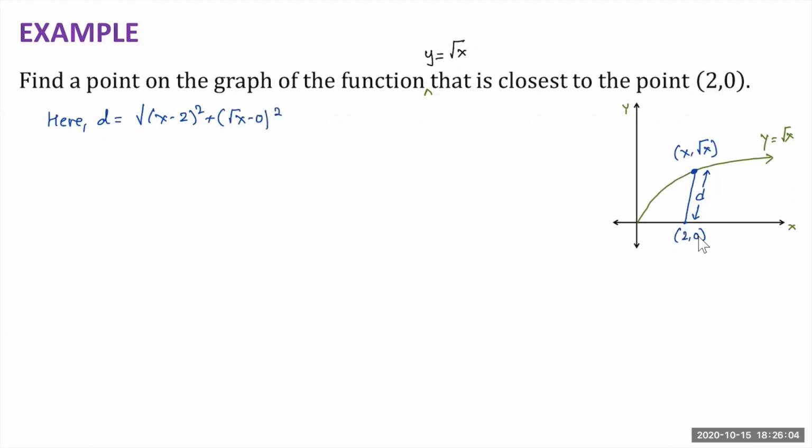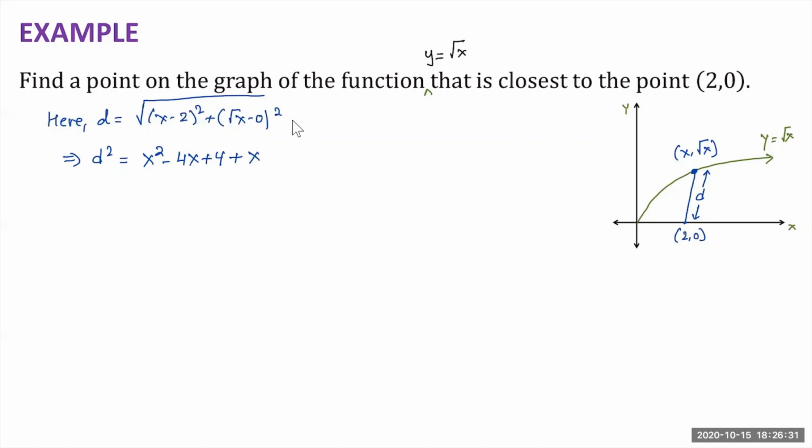So that is the distance formula. If we square this, we write d squared equal to x minus 2 squared, that is x minus 2 times x minus 2. If we FOIL that, it is x squared minus 4x plus 4, plus square root of x squared. When you square it, it is just x.